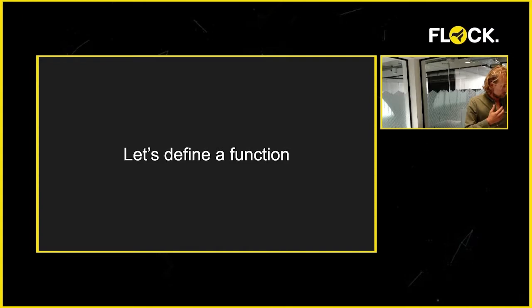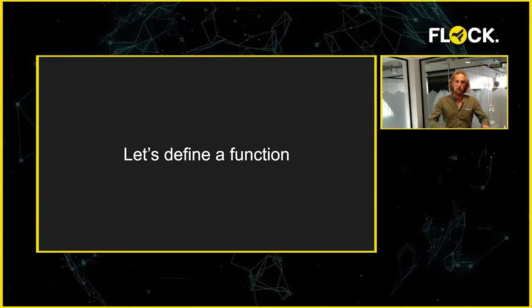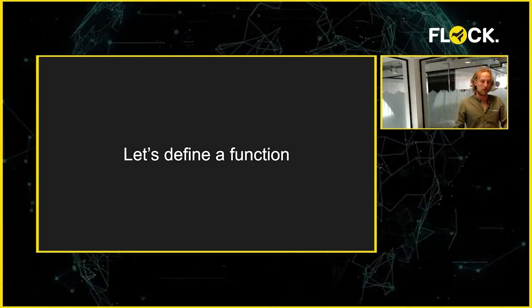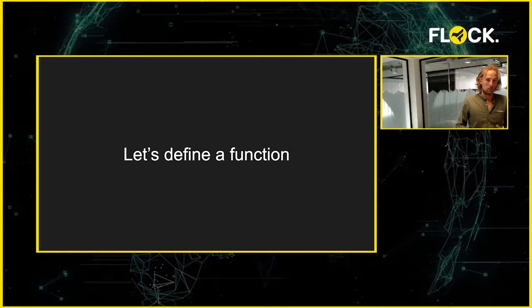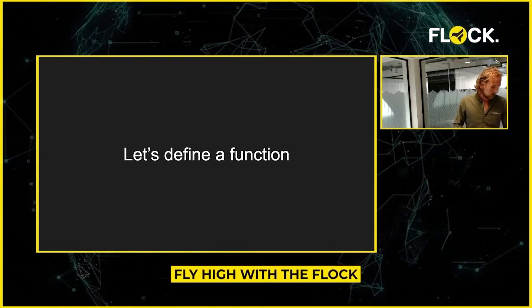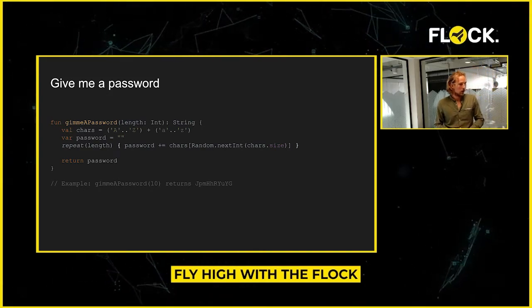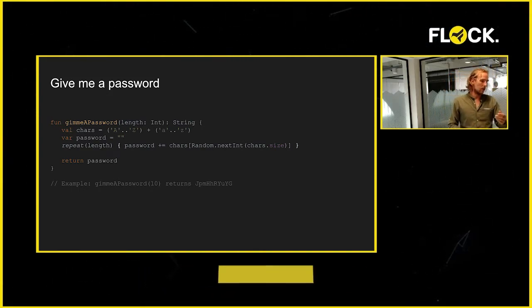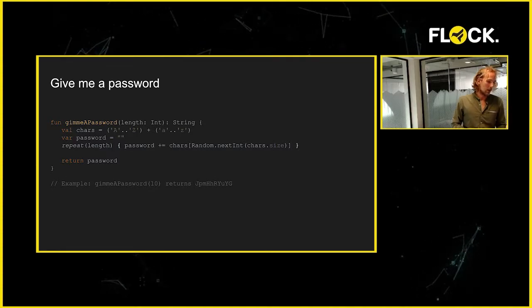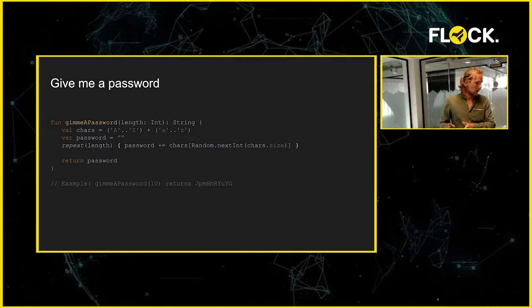So let's start with defining a function, because what we want to do is generate a password. That's going to be our use case, how to generate a password. And that question is the same for all platforms: give me a password. Of course, we could just start with a very naive implementation, saying, give me a password, I give you a length. There are a couple of characters you can use, so everything from A to Z in capital, everything from A to Z in lowercase.